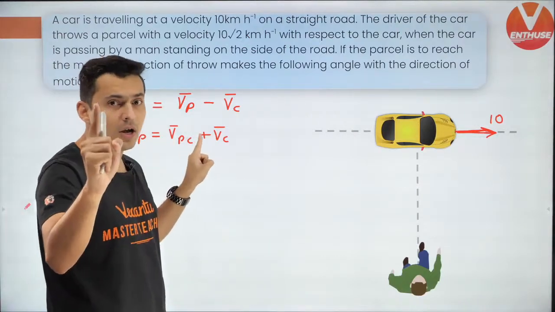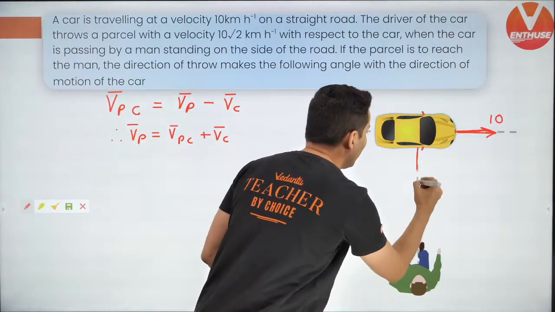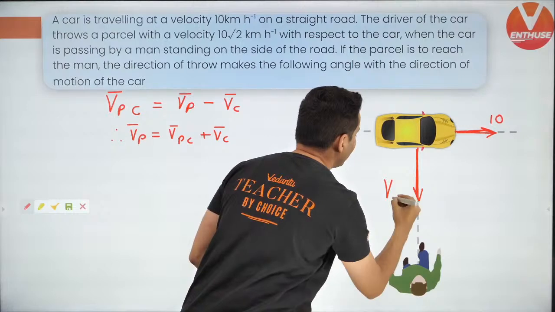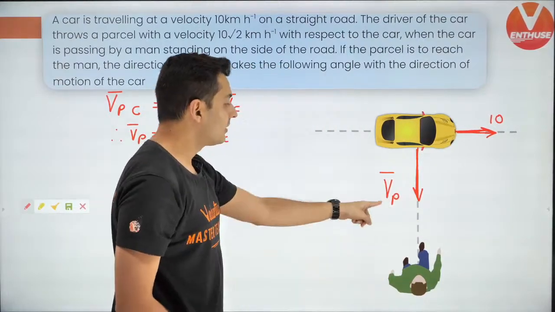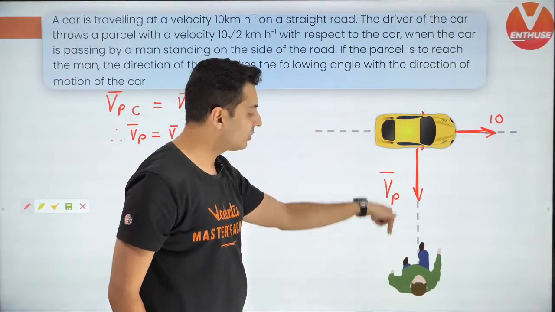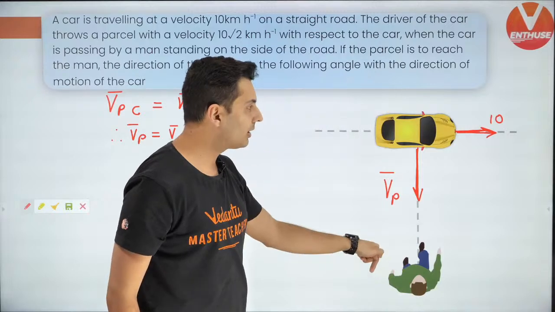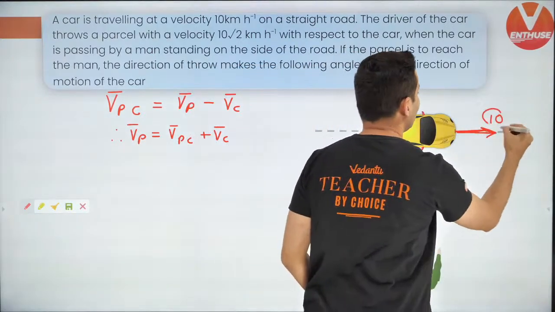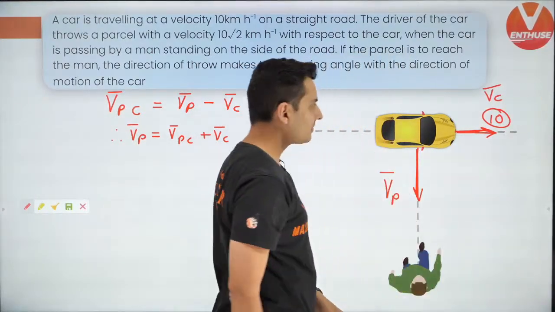Vp, which is the velocity of the parcel, must be directed here. Actually, this is the true velocity of the parcel with respect to the ground. It should actually move here. This 10 is nothing but the velocity of the car.